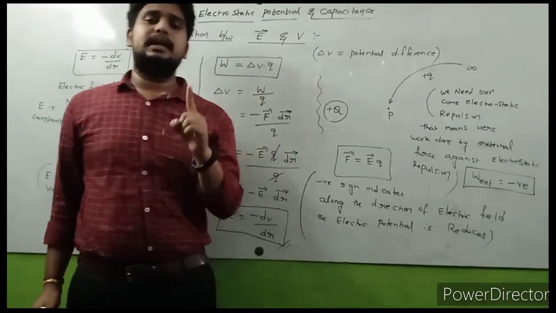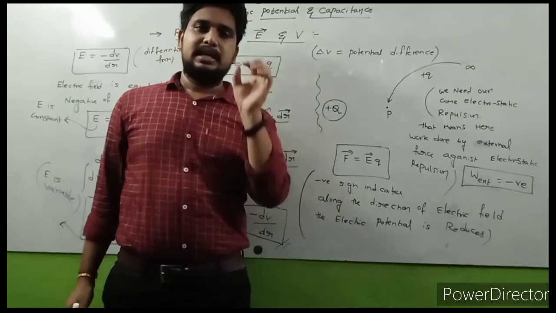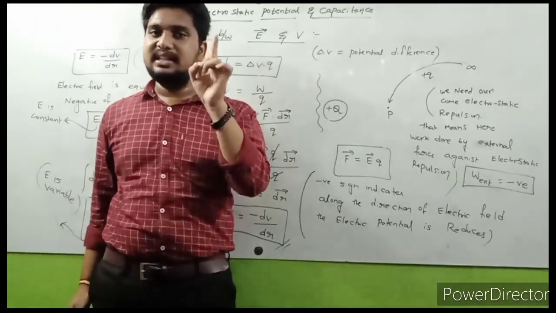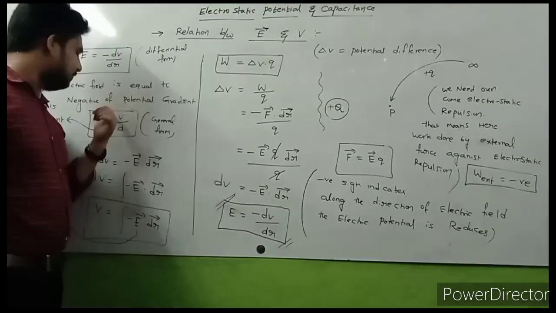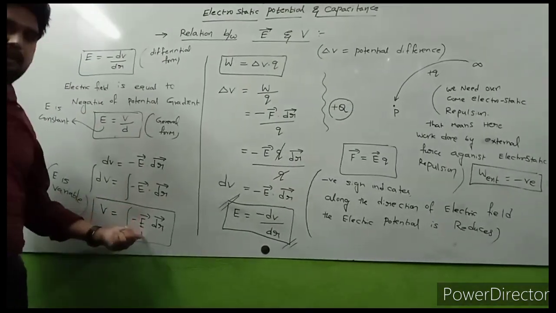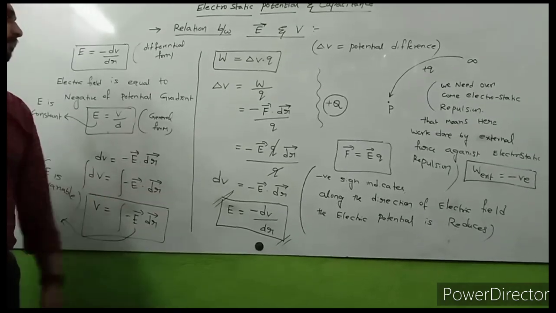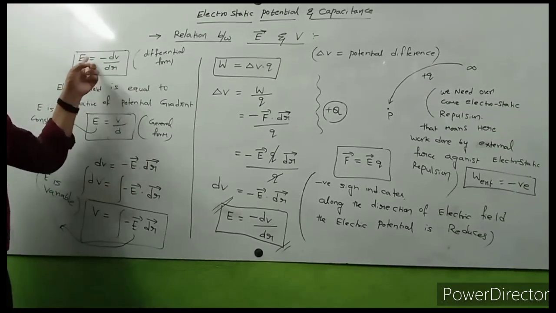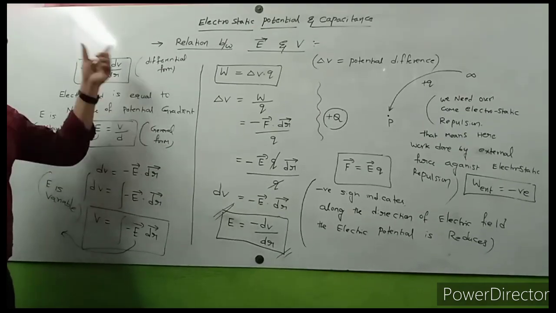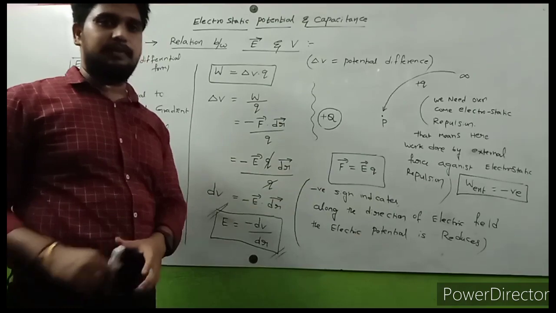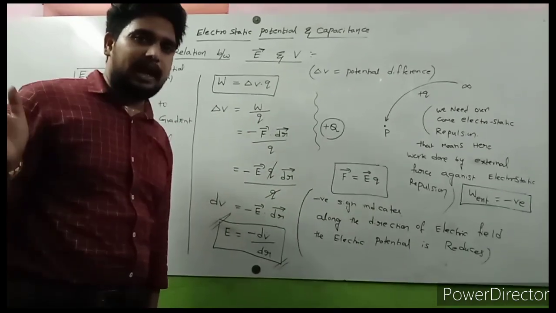Relation between electric field and electric potential. In the general case, if E is constant, E is equal to V by D. If E is variable, V is equal to integral of minus E bar into dr bar. In differential form, E is equal to minus dV by dr. What is the meaning of minus here? The minus sign indicates the direction of electric field.